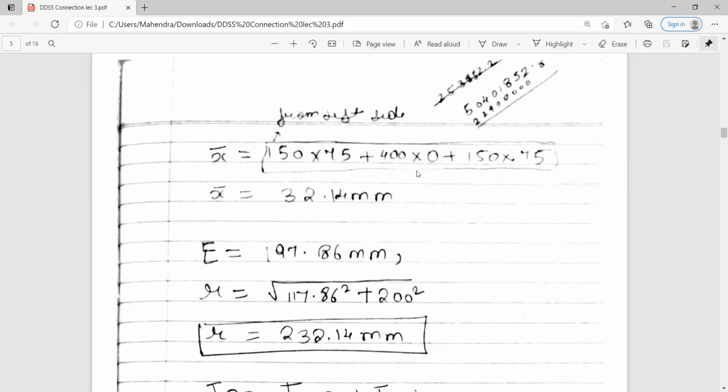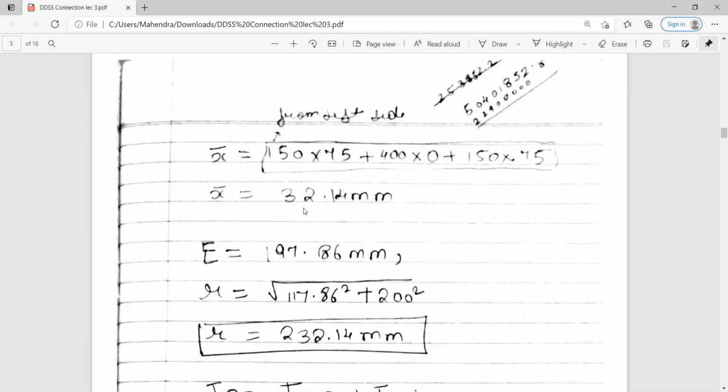Upon what you will consider? Upon L1 plus L2 plus L3. So L1 is 150 plus 400 plus 150. So just substitute all the values. Here the division line has been left out, so you have to do that also. So 150 into 75, that is L1 into X1, plus L2 into X2, that is 400 into 0, plus L3 into X3, upon L1 plus L2 plus L3, that is 150 plus 400 plus 150.